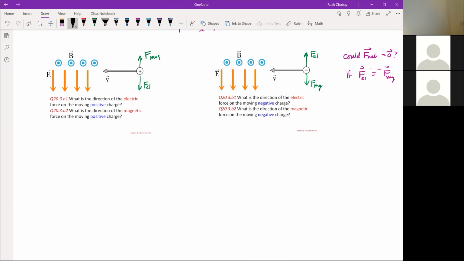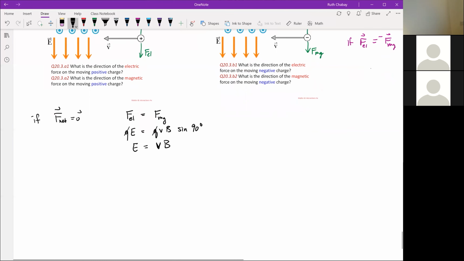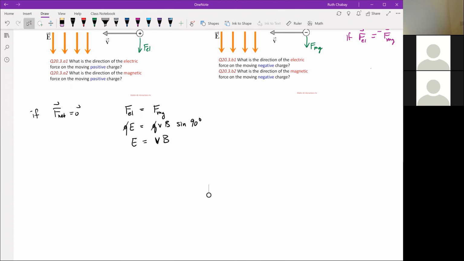Well, if F net is zero, now we have the magnitude of the electric force is the magnitude of the magnetic force. So we have QE equals QVB sine of 90 degrees here. The Q's cancel, sine of 90 degrees is 1. So we would have the electric field is equal to the speed of the moving particle times the magnetic field.